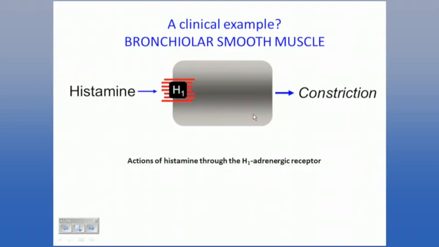It binds to a histaminergic receptor, in this example showing the H1 subtype. Binding of histamine to its G protein coupled receptor, which is linked to GQ, results in an activation of its effector, which is PLC, phospholipase C, in the beta isoform. This results in an increase in intracellular calcium, bringing about bronchoconstriction.